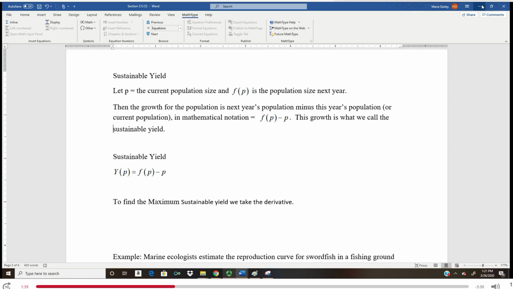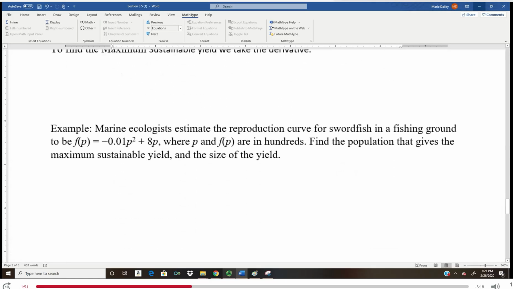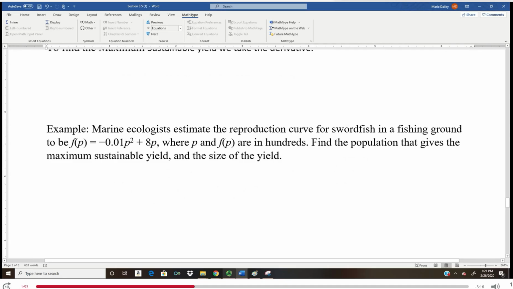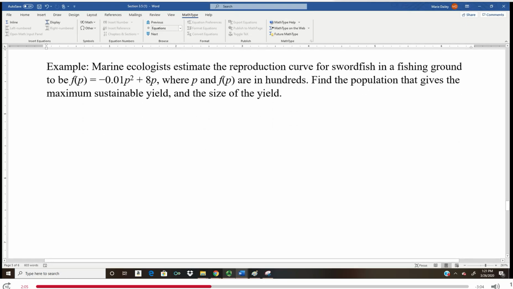Now, to find then the maximum sustainable yield, again, we hear the word maximum, so we automatically start thinking about taking the derivative. Now, I am going to emphasize here, I do these problems a little bit differently than the way your author does it. Either way is correct. I just like doing it the way I'm going to do it, only because it's more consistent with how we've done other problems.